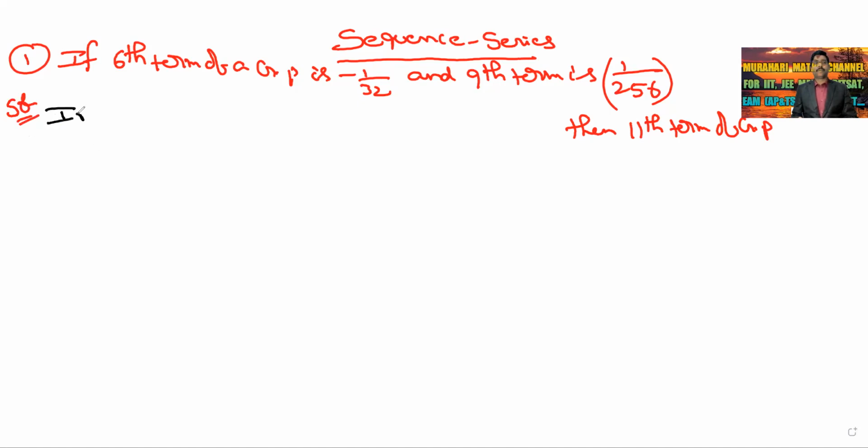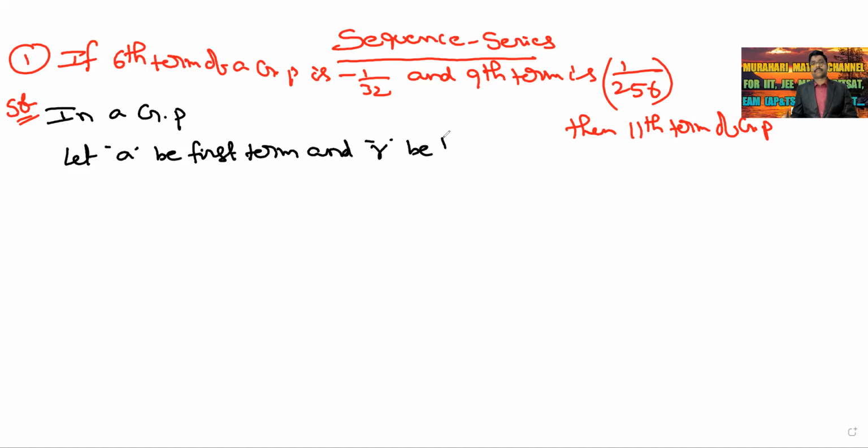So in a GP, in a geometric progression, let A be the first term and R be the common ratio. Okay, so what is given?